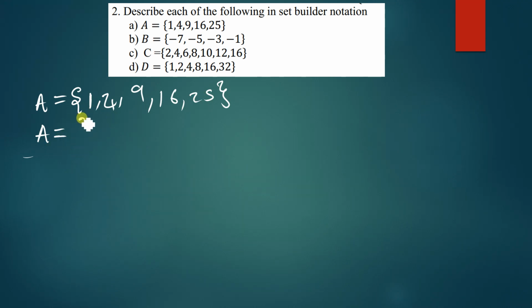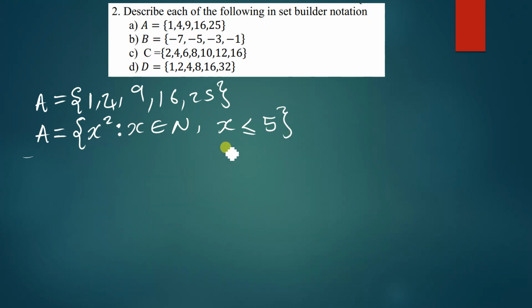These are perfect squares, so we can write this mathematically as x squared such that x is a member of natural numbers, and x is less than or equal to 5.